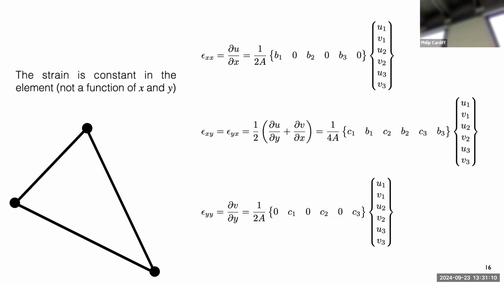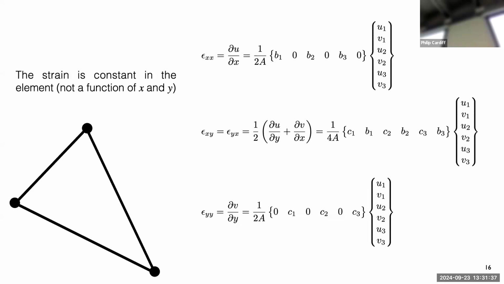So a couple of things to point out about this linear triangle element. X and Y don't appear anywhere in the strains. After we differentiated, the x's and y's disappeared. So this tensor here, or these row vectors here, have no x and y. These C's, B's, A's are just like widths and heights.